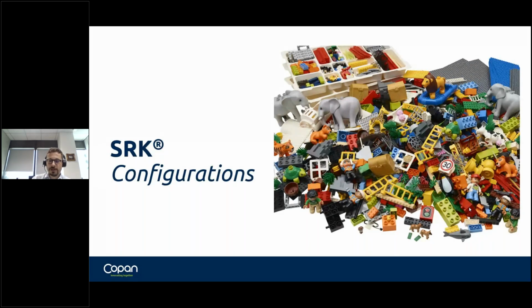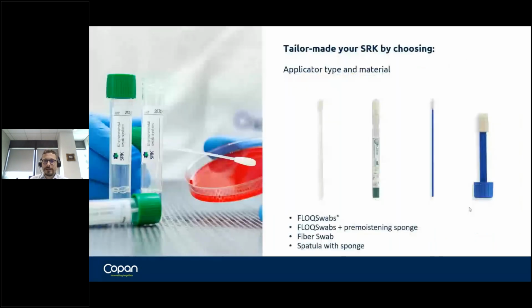Let's have a look at what these different building blocks, or Lego bricks, for making your final product are. You can choose the applicator type, so the swab type, and material as well.